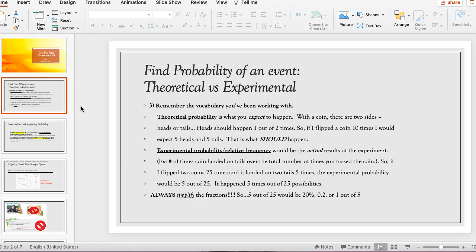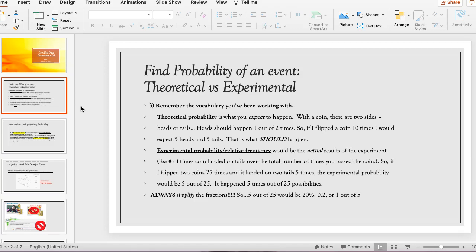So if I flipped the coin 10 times, I would expect the theoretical probability to be 5 times heads and 5 times tails. 5 plus 5 is 10 total coin flips. Half the time heads and half the time tails. That is what should happen. It might not actually happen exactly that way.